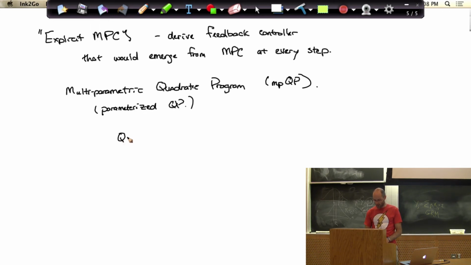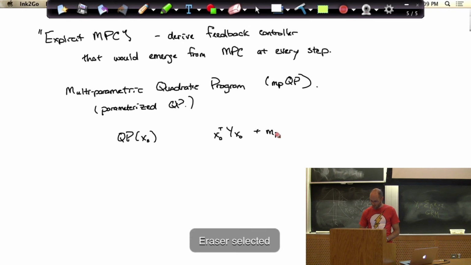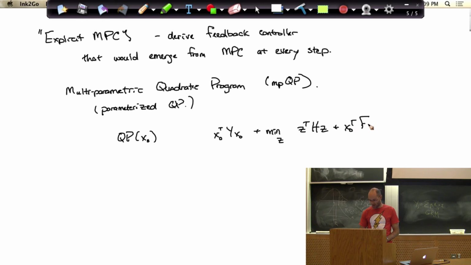So if I were to write a QP, the one we've written down here is a QP that's parameterized by x0. And in general, the form is something where I've got some x0 plus the min over my z, z transpose Hz. I'm just going to throw in a bunch of big matrix symbols here.